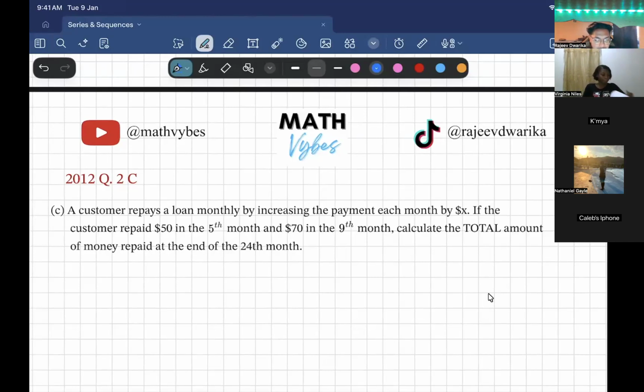An arithmetic progression. Right, and what do we know about an arithmetic progression? You have to find the common difference. Right, so the terms are linked together by adding a number or multiplying by a number.